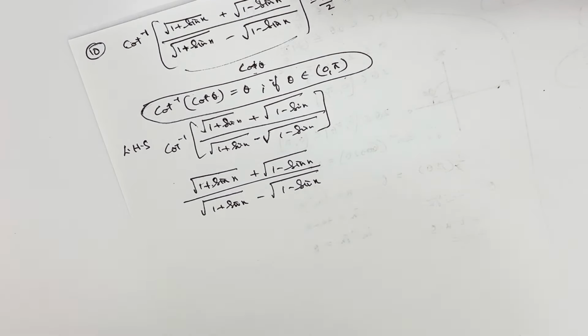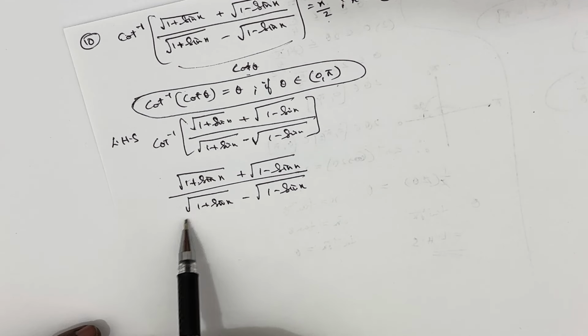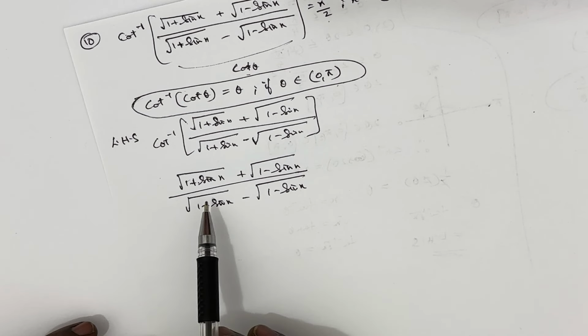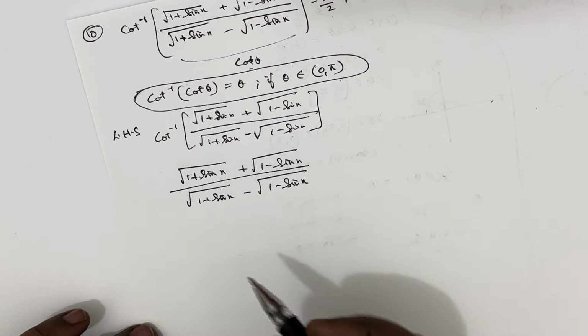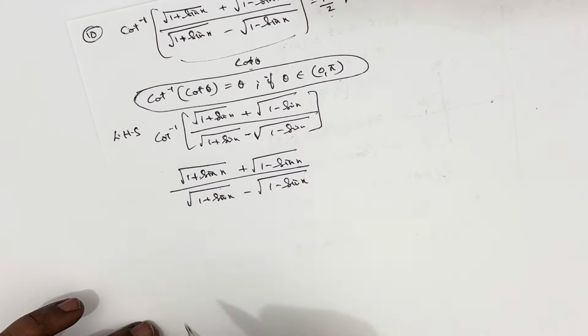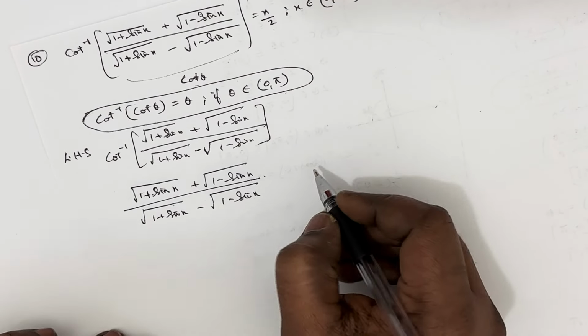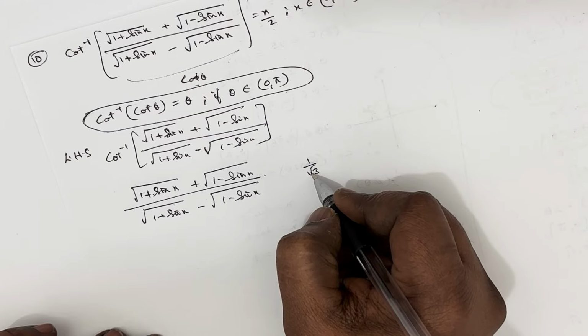Now you can see that there is a radical in the denominator part, so we have to remove these radicals or square roots. For that we will multiply with its conjugate. I think you all know that if it's 1 by root 3, you have to remove the root from here.